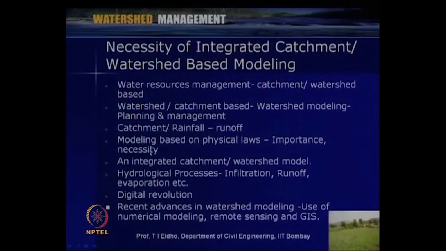Only these physically based models can predict the spatial and temporal variations for the given condition. So models based on physical laws are very important and necessary in watershed modeling.